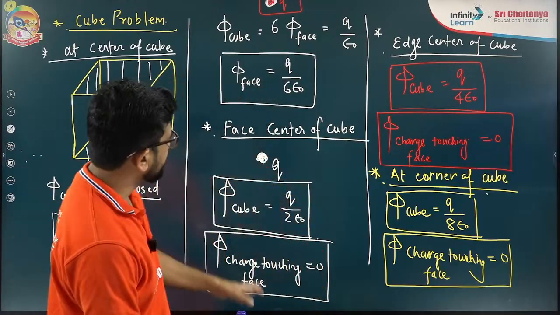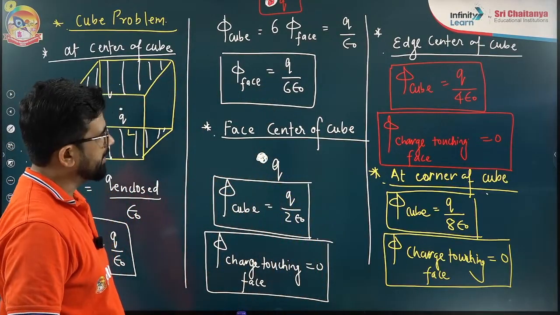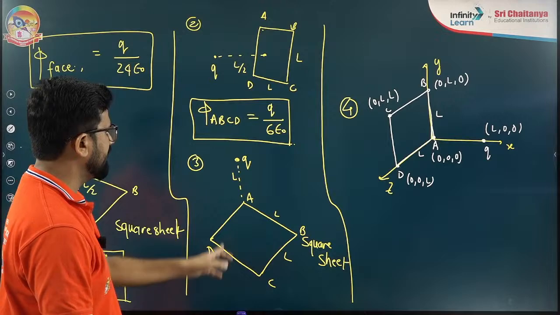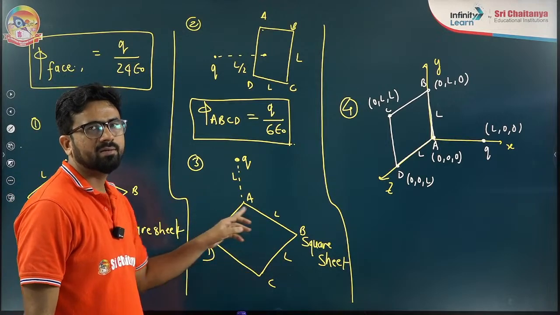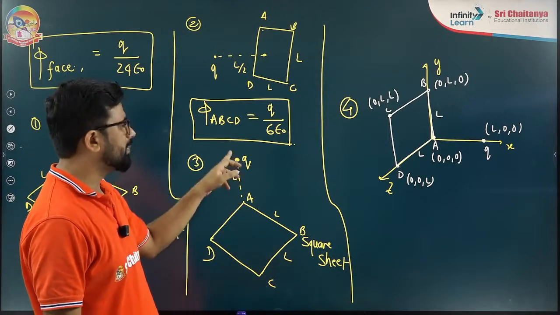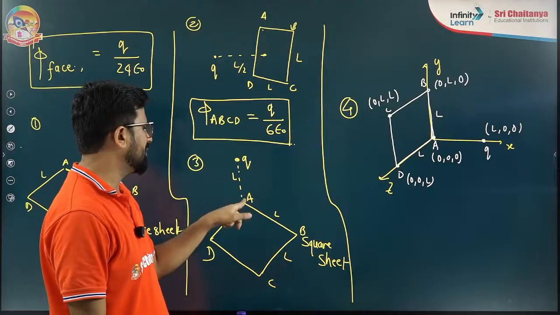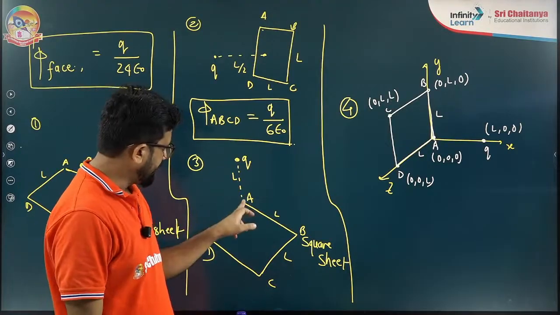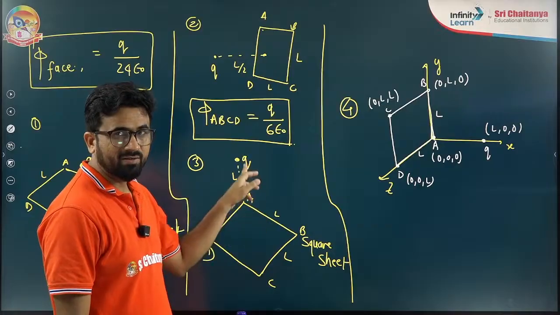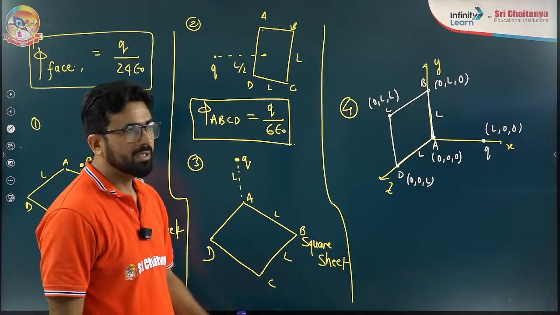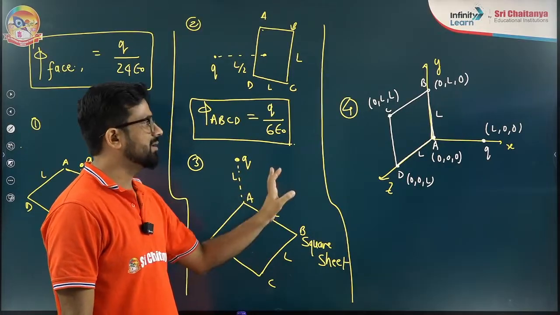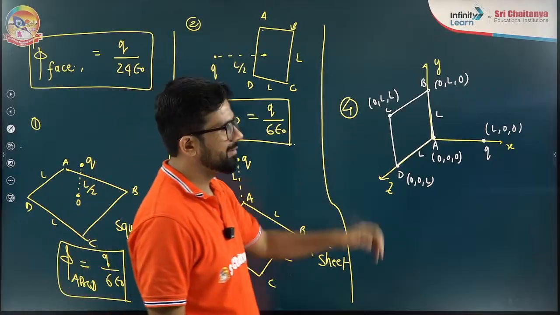So whenever any sheet is there, if you take this square sheet A, B, C, D, perpendicular to this plane, one charge Q is placed above one vertex. What is the flux here? The same flux you will get here also.